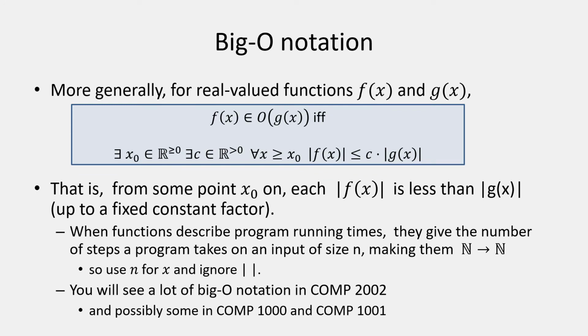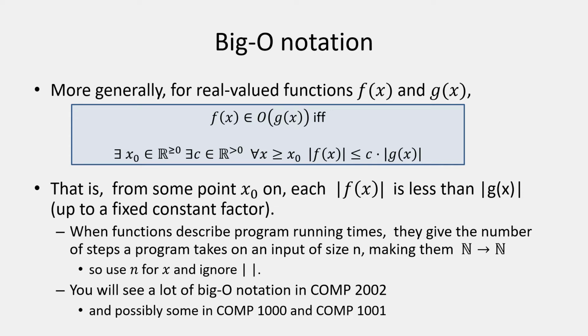So if you want to see a general definition, when we are not talking about functions of natural numbers, but talking about functions of reals, here it is. So here instead of n, I'm writing x, because n is usually a natural number, x is anything, like a real number.